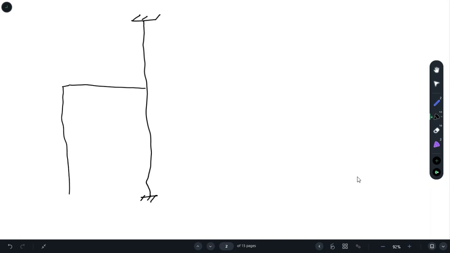Let's draw the frame once again. So this is our frame. So we are applying a lateral displacement of this point, which is B. Isn't that B?